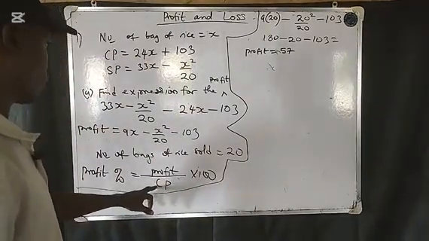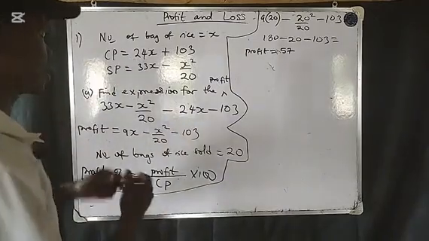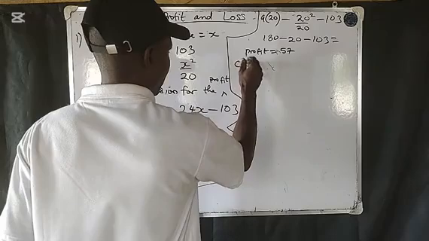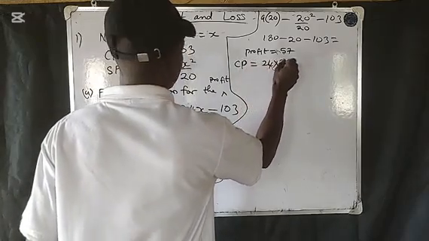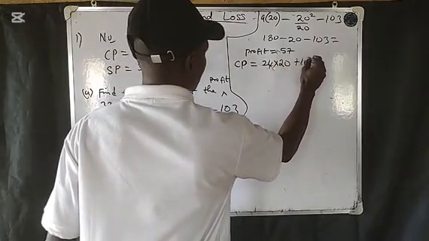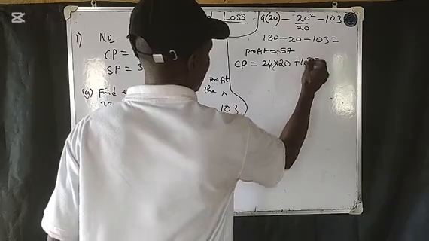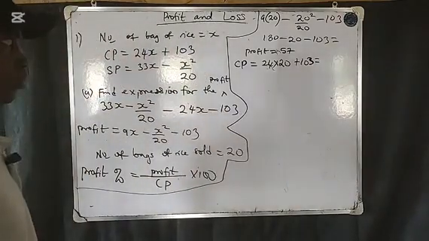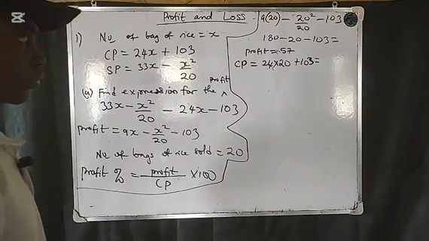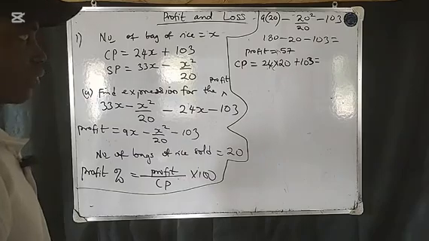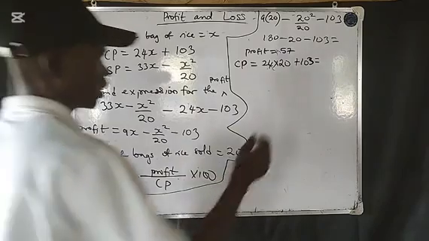Let's find the expression for the cost price. The cost price is this, right? Cost price is 24 times 20 plus 103. 480 plus 103. 583, I think. 583, right?